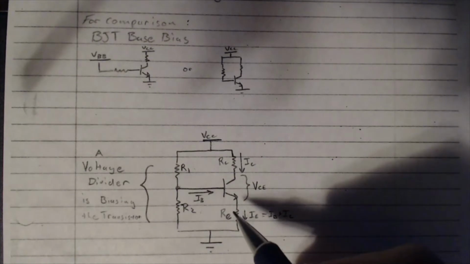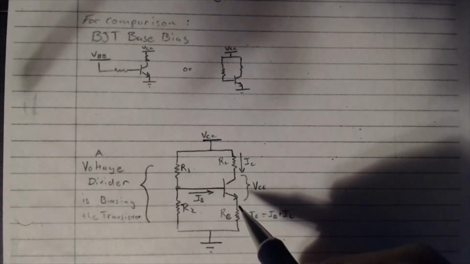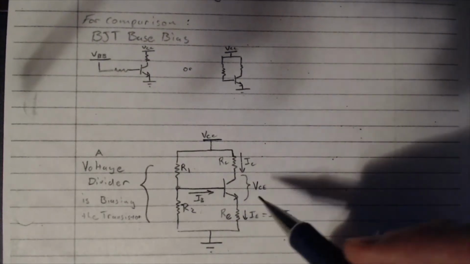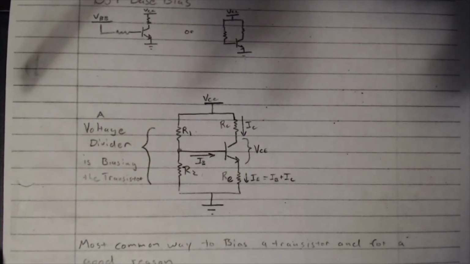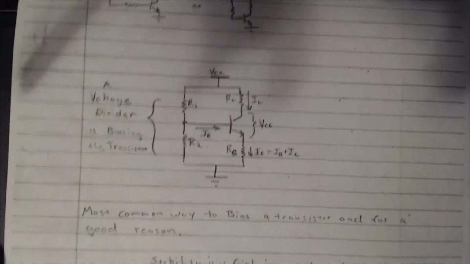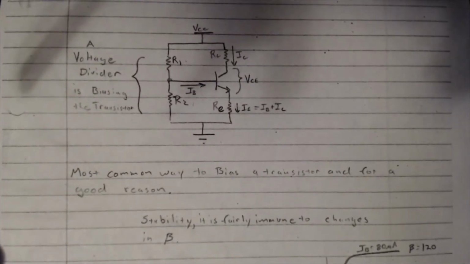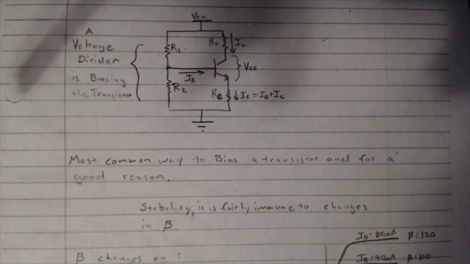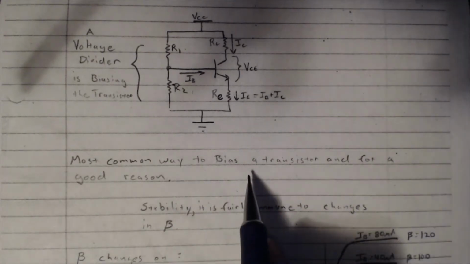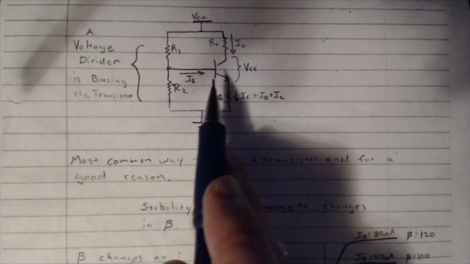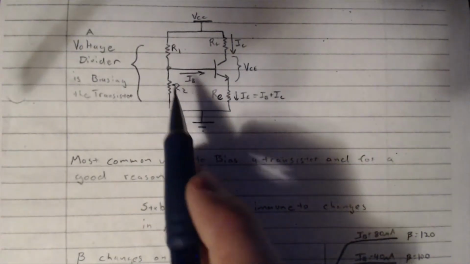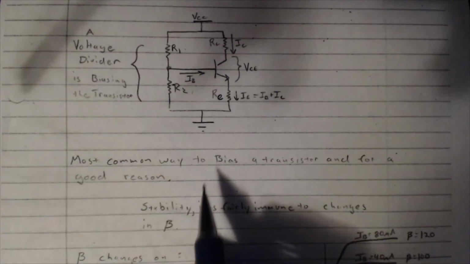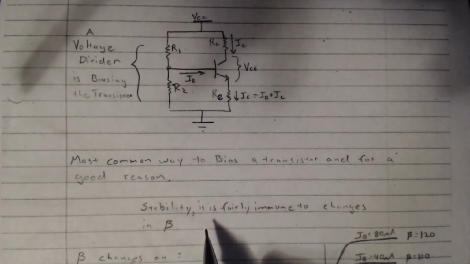Now there's some advantages to this circuit. There's some reasons we would use it, and the most common transistor circuit you're going to find in the field is this one. And there's a good reason for that. That's because when we bias the base of this transistor with a voltage divider, what we can actually do is cancel out the changes of beta, right?